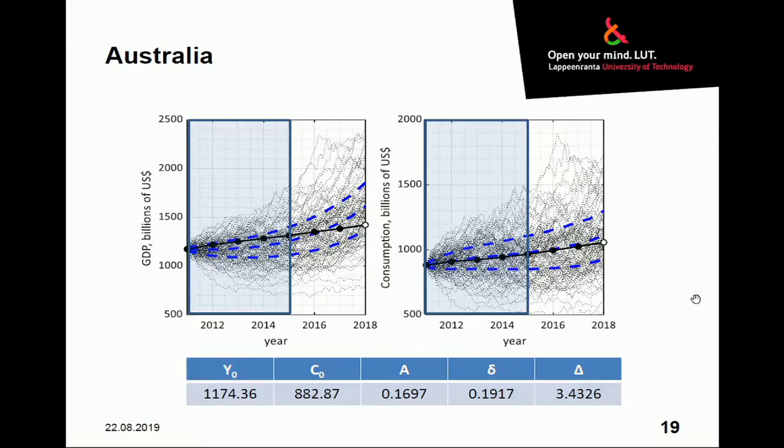At the bottom of the slide, I show the values of the parameters obtained as a result of calibration. I think it is clear that GDP and consumption are measured in billions of US dollars. The same for the next pictures.